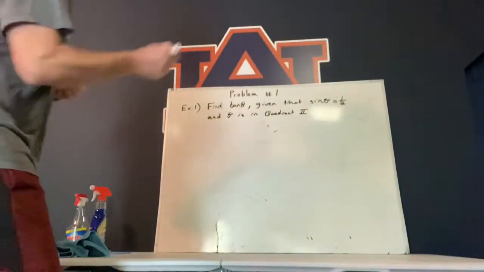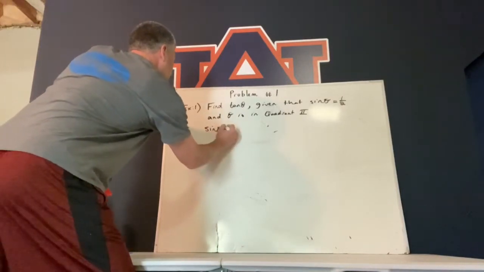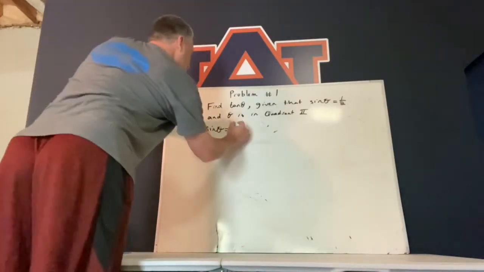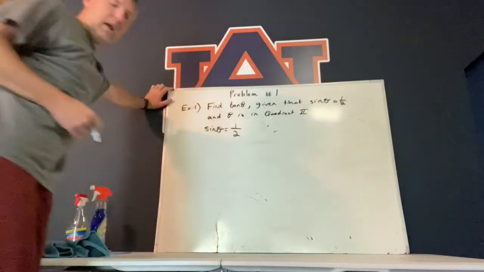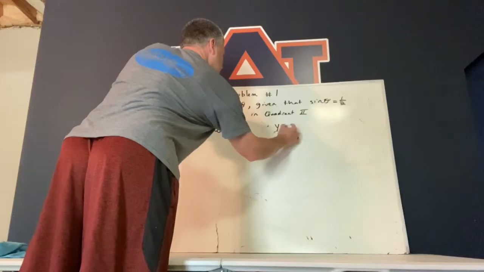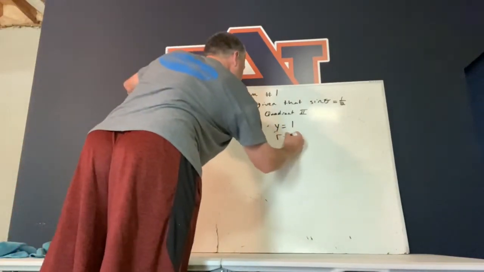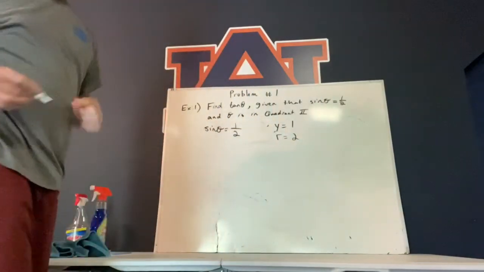So the first thing that I'm going to look at is sine theta is equal to 1/2. So that tells me that y is equal to 1, r is equal to 2. I need to find x.